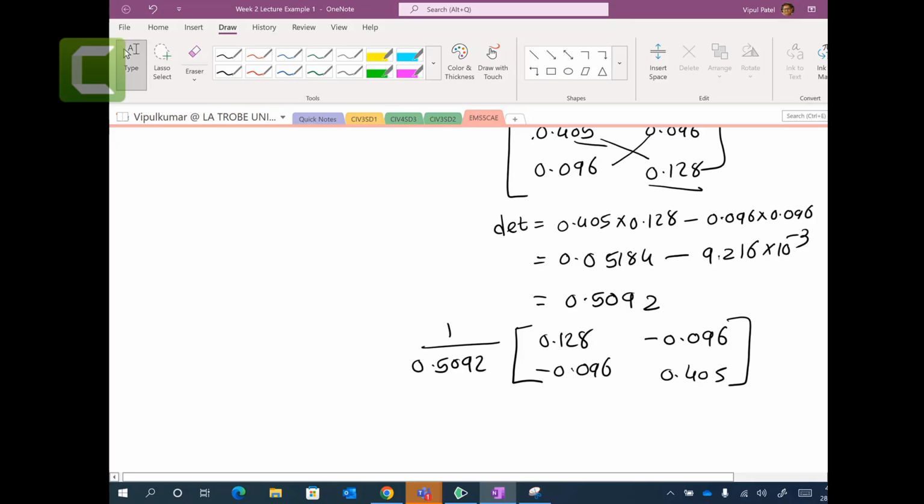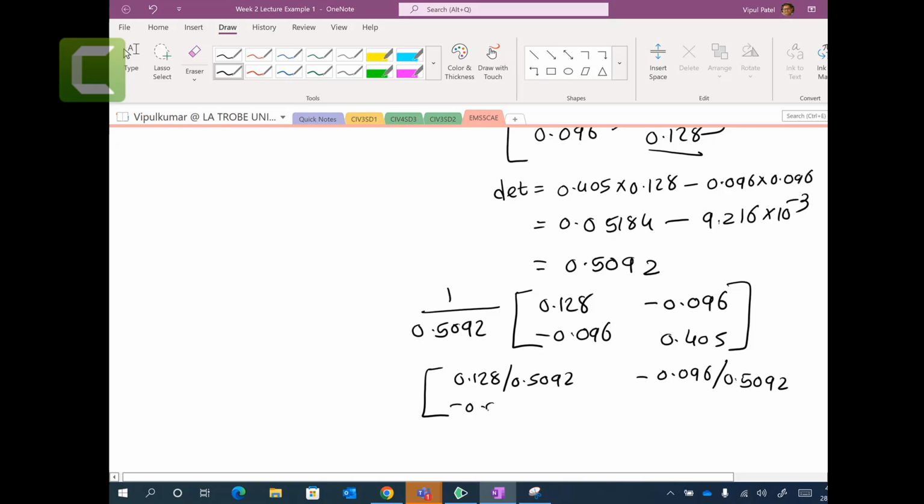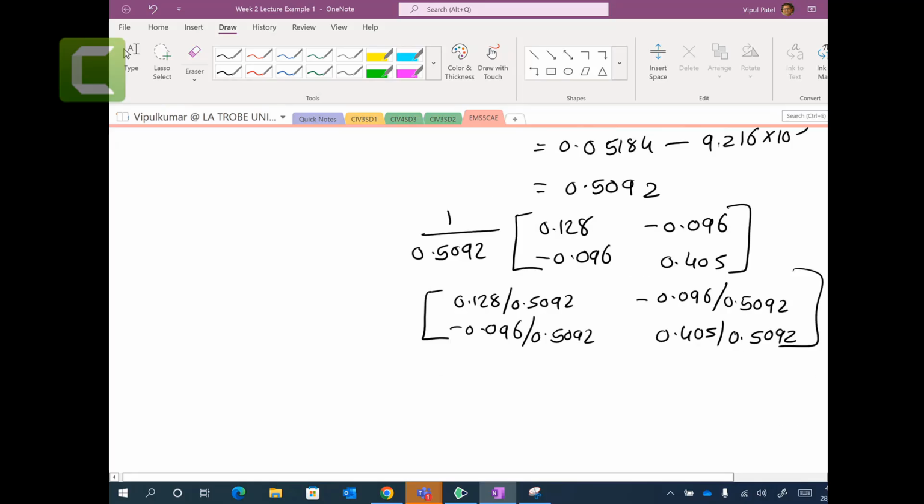So that's how we do the inverse, and we just divide these inside: 0.128 divided by 0.5092, minus 0.096 divided by 0.5092, and minus 0.096 divided by 0.5092, and 0.405 divided by 0.5092.